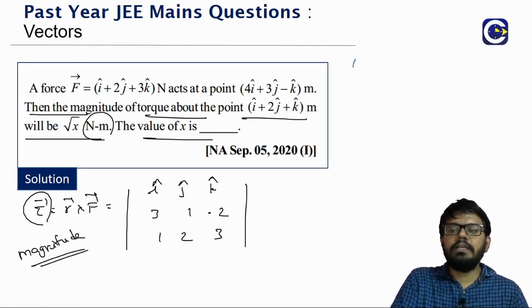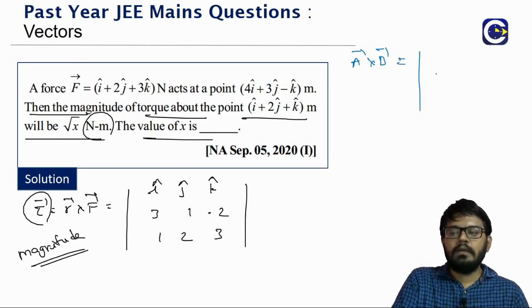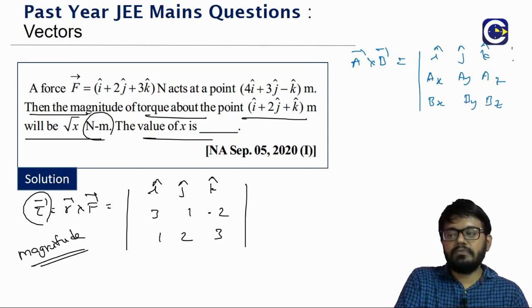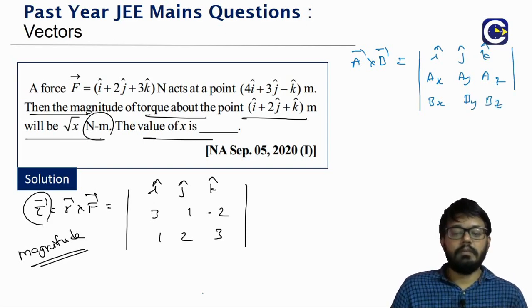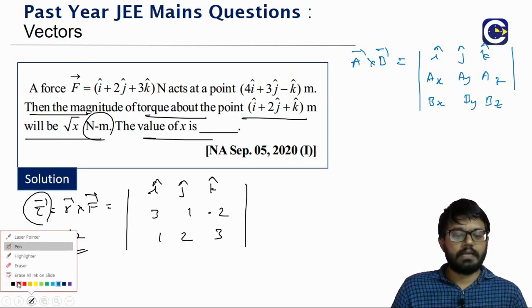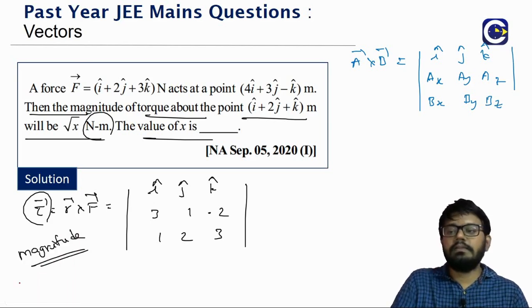So how do you find the cross product if you have two vectors A and B? In ijk notation, AX, AY, AZ, and BX, BY, BZ. We must be comfortable with this, because we need to practice.